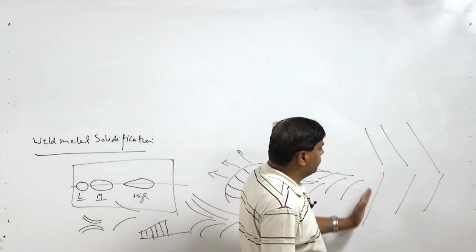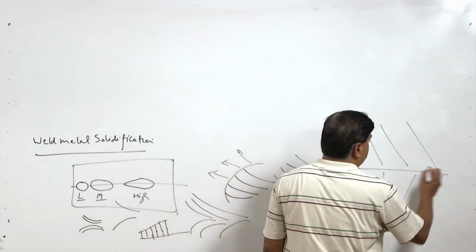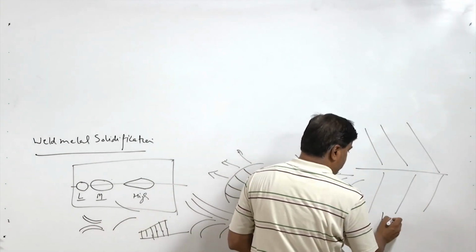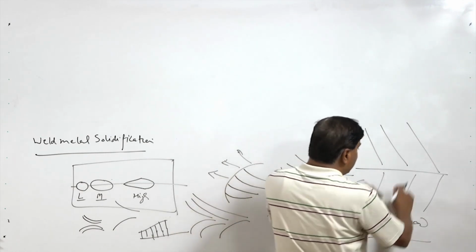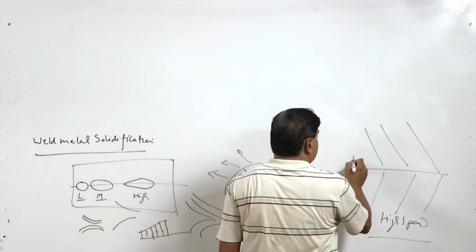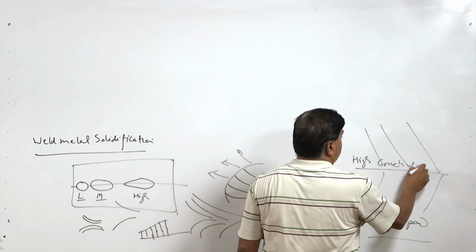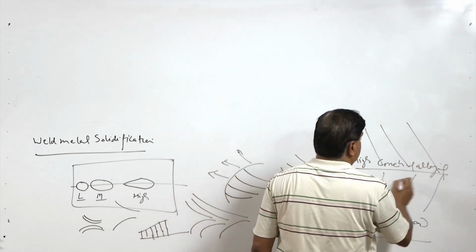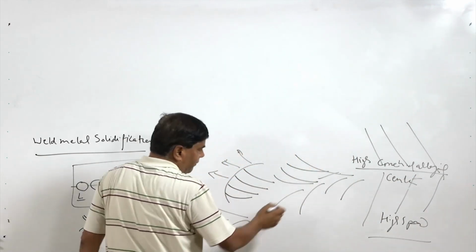So, it is more preferred to have the curved columnar grains rather than those which grow exactly perpendicular to the fusion boundary and meet at the center, because this kind of growth is observed at high speed of welding, where the grains coming from both sides abut at the center, resulting in a higher concentration of alloying elements at the center.